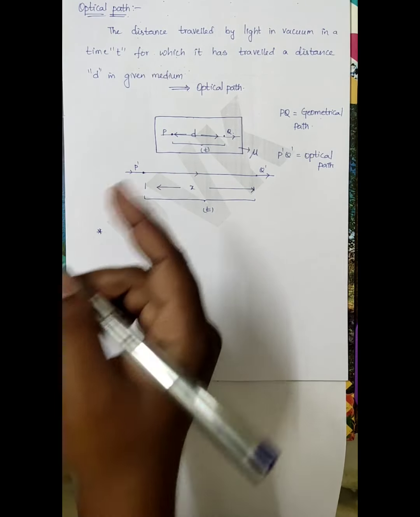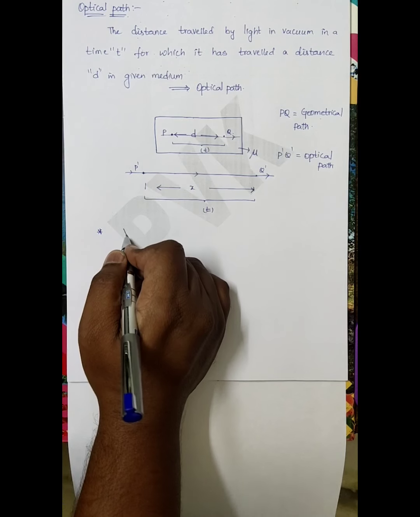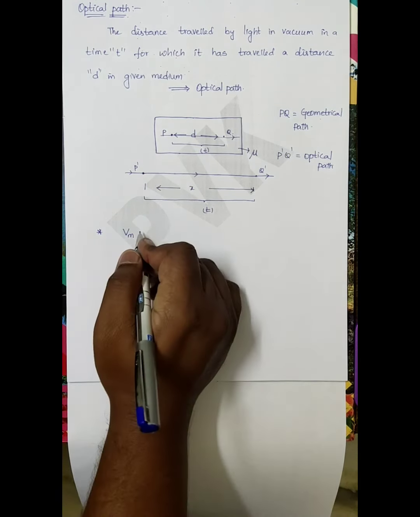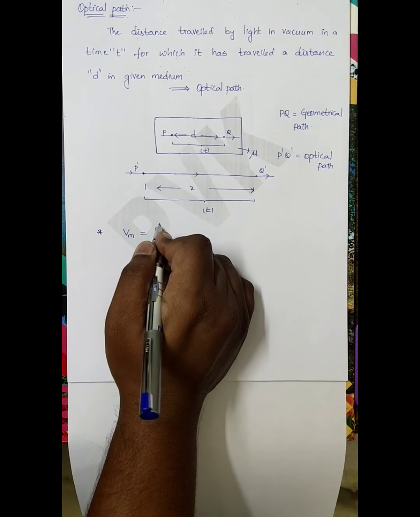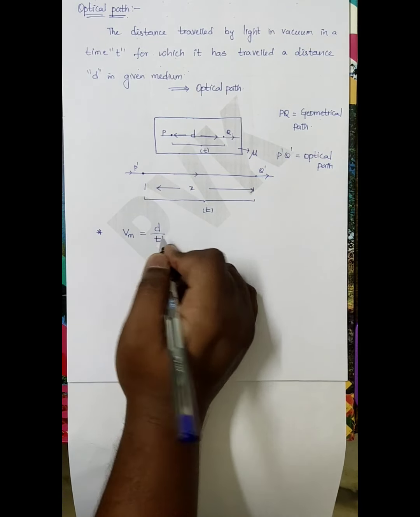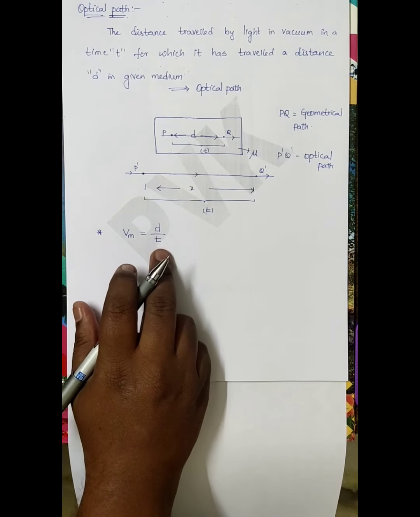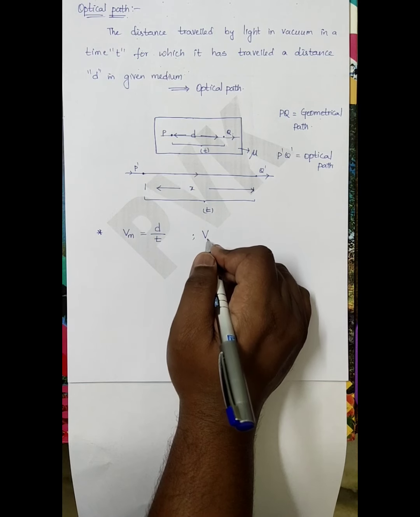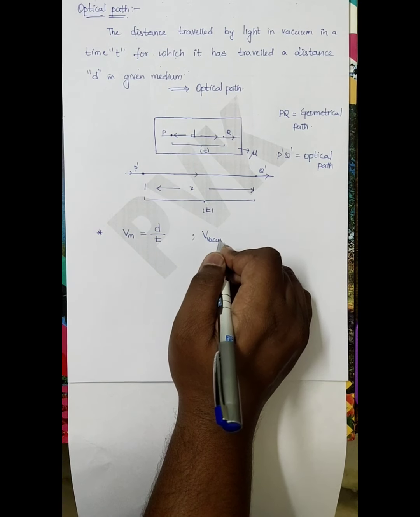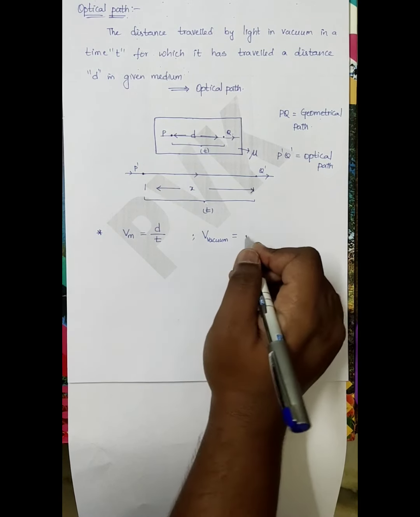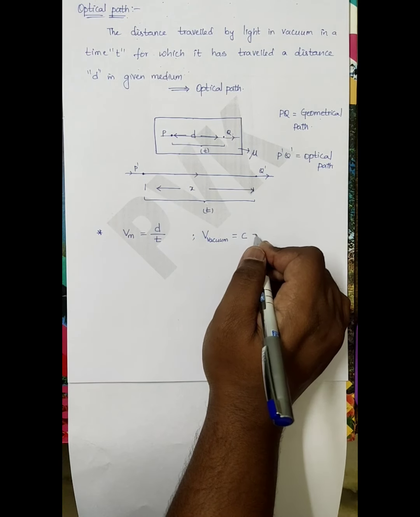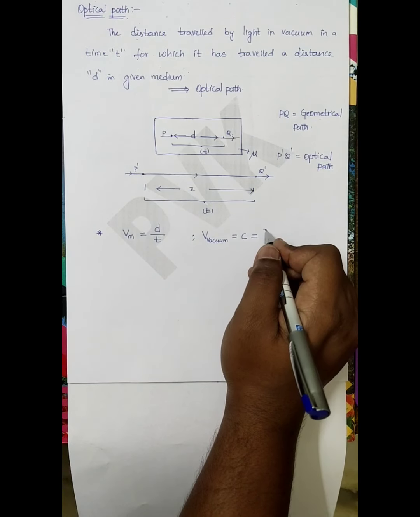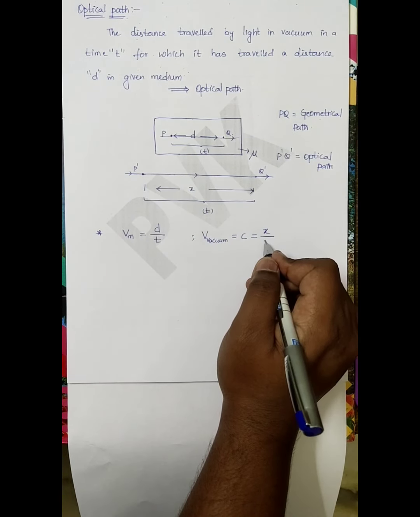So from the figure you can say the speed of light in a medium is equal to distance traveled by time taken, and at the same time speed of light in vacuum, already we know, is denoted by c, equal to distance traveled. What is the distance traveled? x, by time taken t.